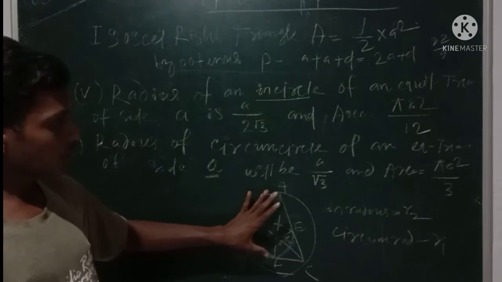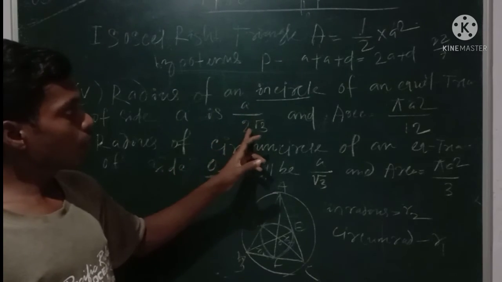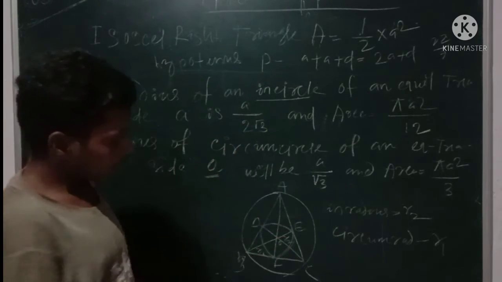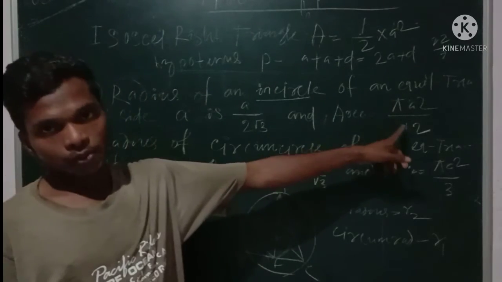In this case the in-radius is a divided by 2 root 3 and the area will be pi a square by 12.